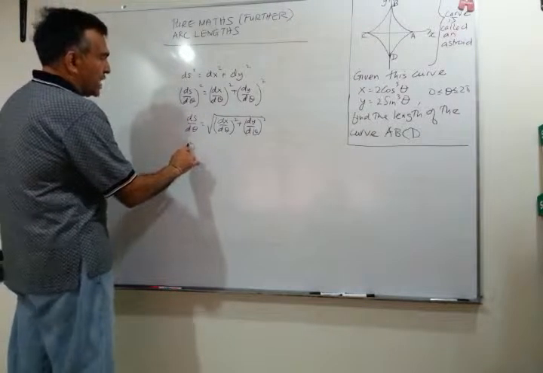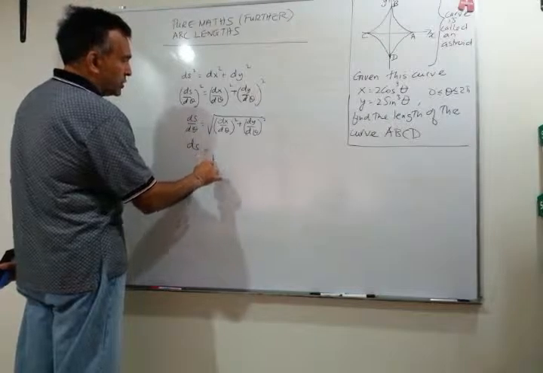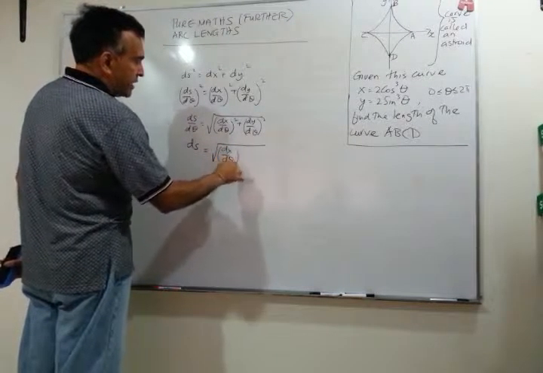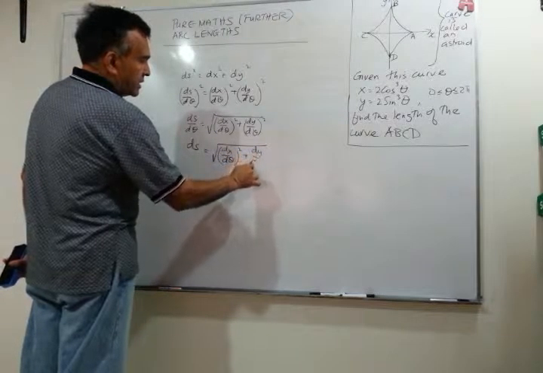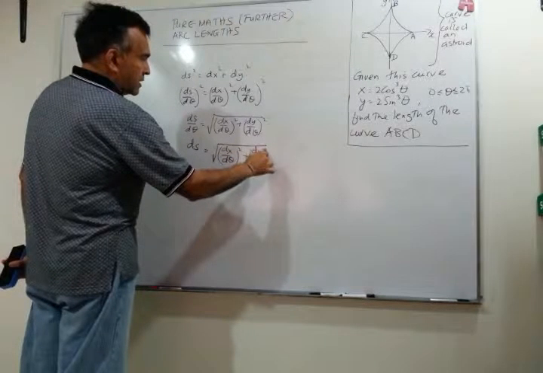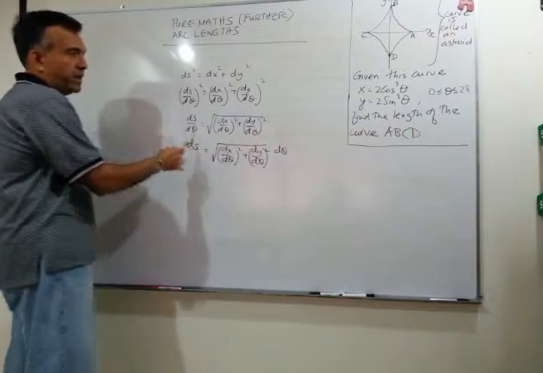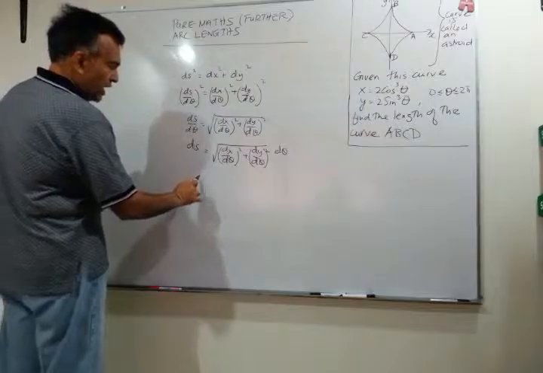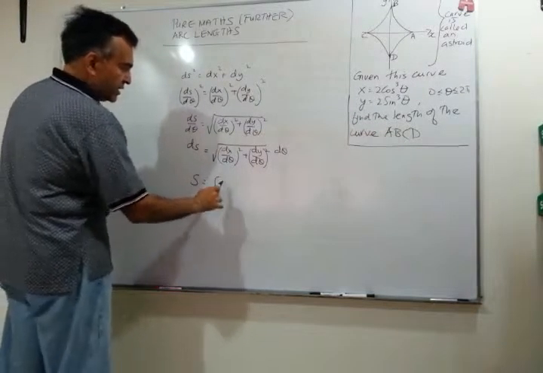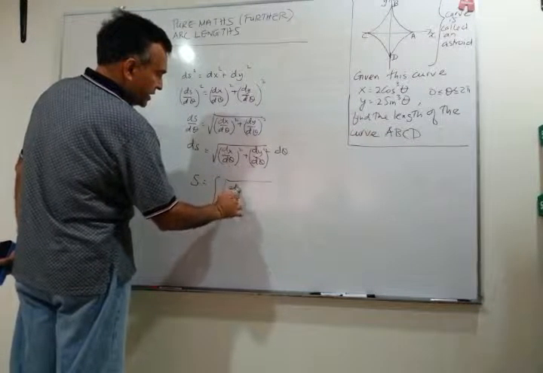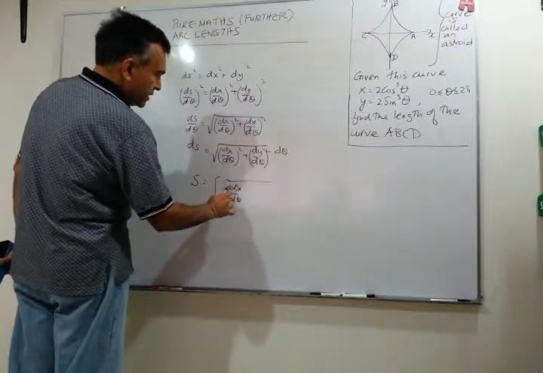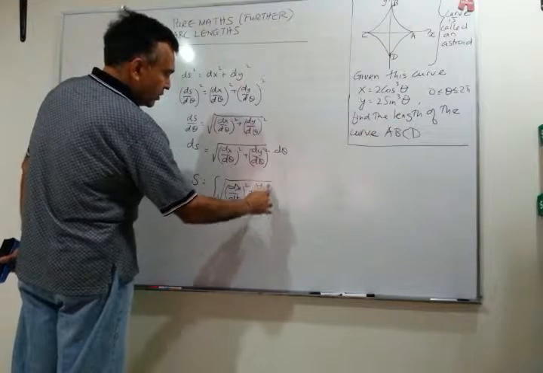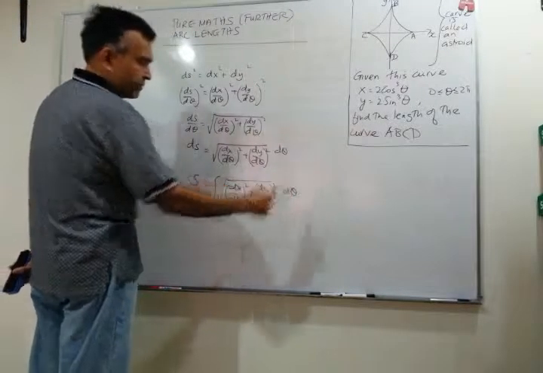Great. So now we can write ds as equal to, bring the d theta up. So bring this d theta up, and now we can write it in the form of an integral. So arc length will be the square root of dx d theta squared plus dy d theta squared, d theta.